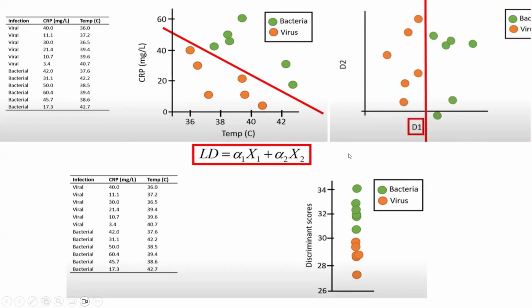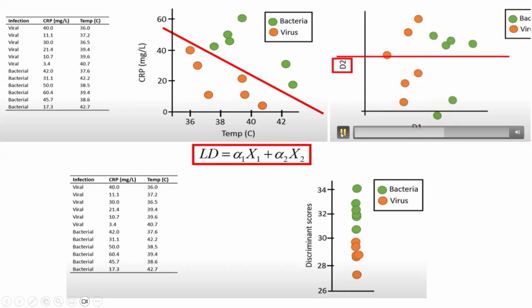Now if you look at line D2, the discriminant score D2, we have two dimensions. So we tried to find two parallel dimensions, like how in PCA we were able to find two principal components for the original dimensions.